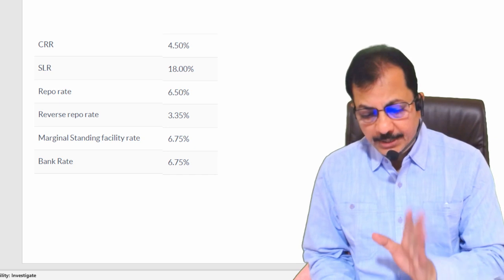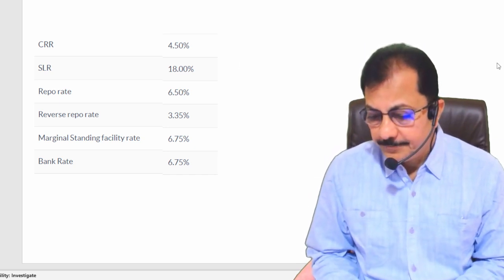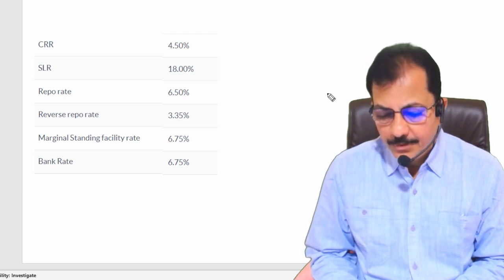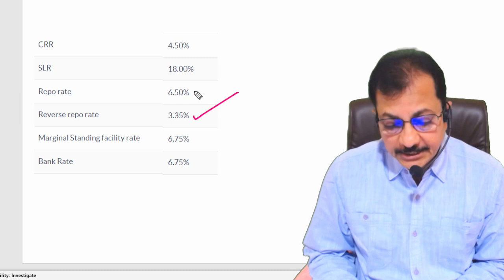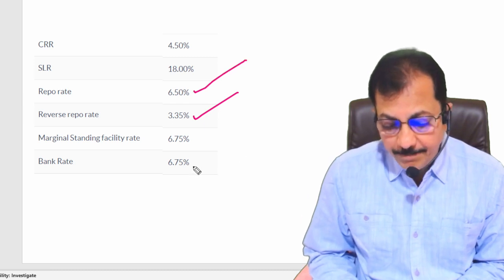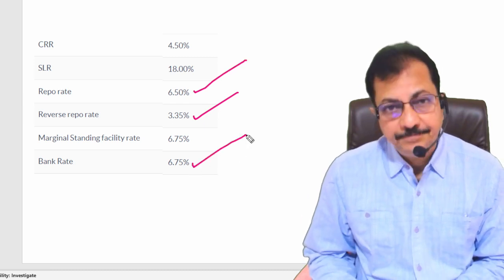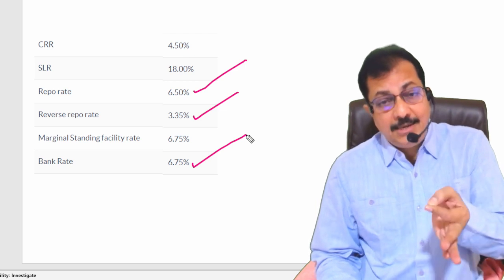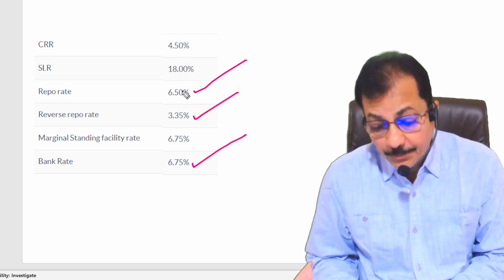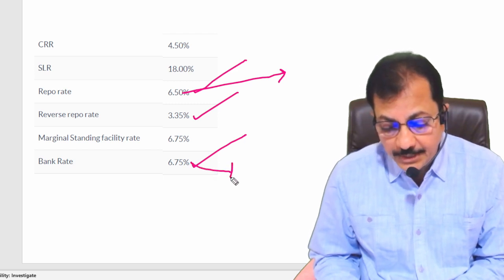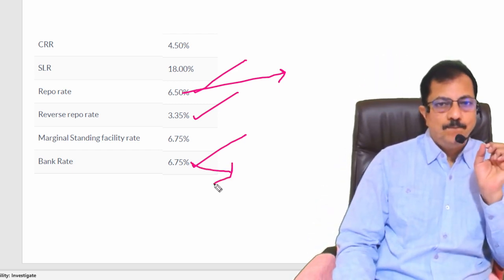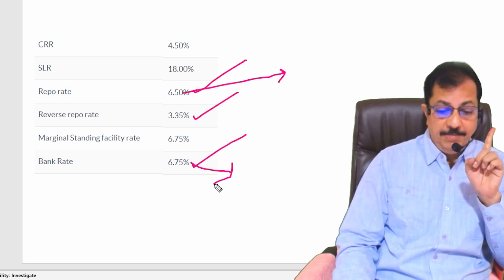Reverse repo rate 3.35%. Remember this one. Repo rate is 6.5%, but bank rate is 6.75%, meaning bank rate is higher than repo rate. Repo rate is for short term, bank rate is for long term. That's it. Very, very important one.